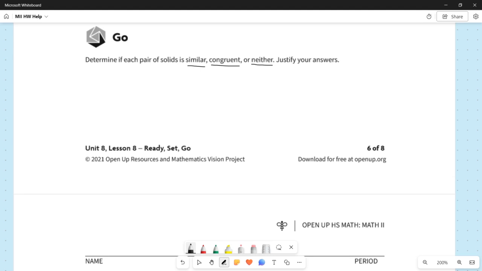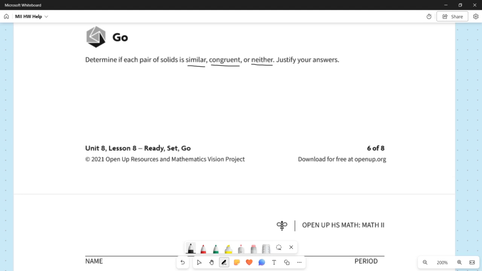As a reminder, congruent figures are identical. So they might be turned or whatever, but basically the same exact shape, same dimensions, same volume, same surface area, same everything.